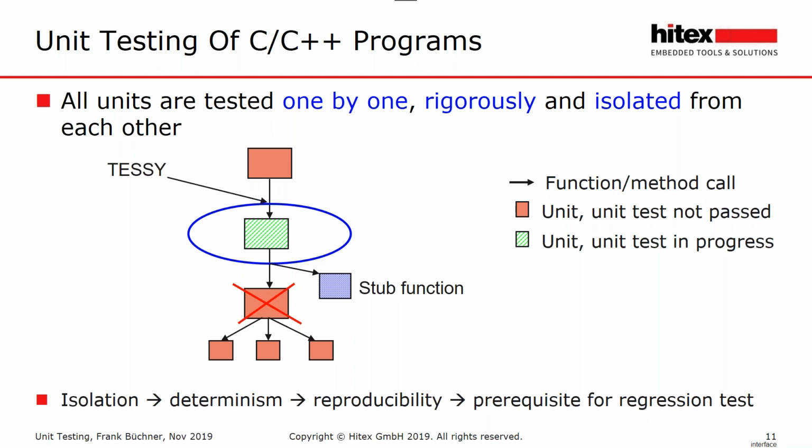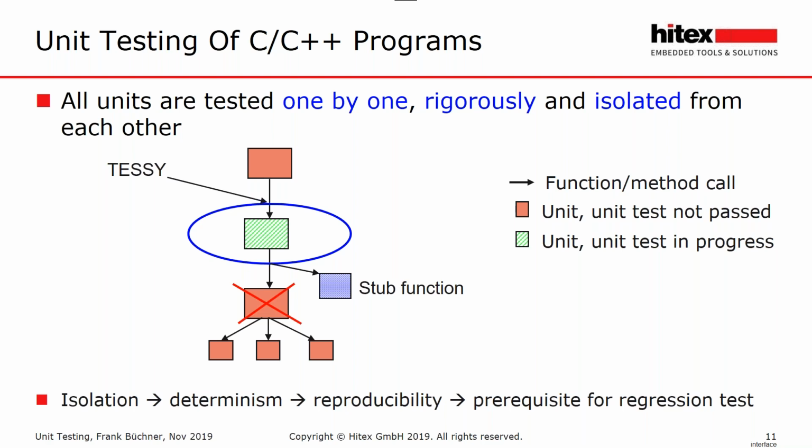And this means that everything outside the blue line, which I usually call the interface of the unit, is under your control. This is the test environment, the test driver, and it cannot change without you knowing or noticing it. So this is a prerequisite for deterministic testing.